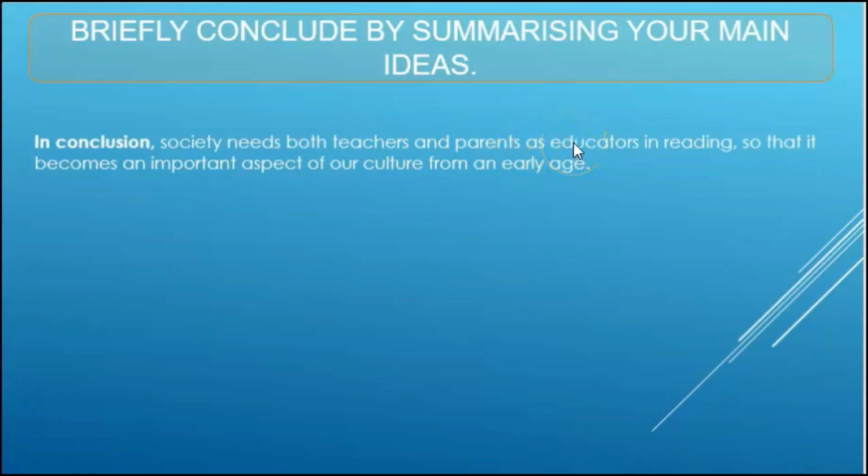And so those two main solutions therefore tackle the problem introduced at the beginning, that children are not reading enough. And so therefore these solutions would mean that children would start to read more in our culture.